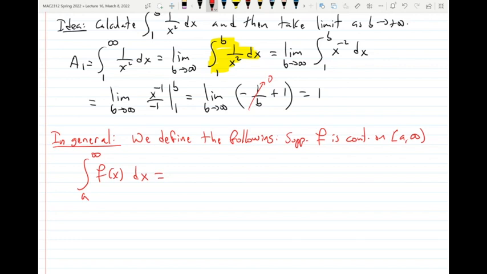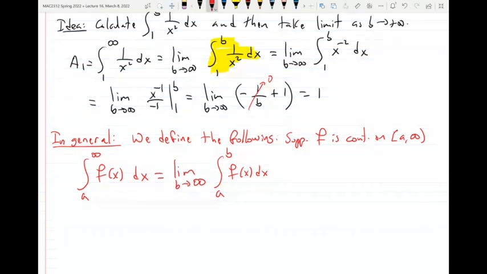Then for the integral from a to infinity of f of x dx, we replace that infinity by a letter. I'm going to put a b here. And then we take the limit as b approaches positive infinity, okay? Whenever you see this integral, that's what it means. Remember, this a is a number that you have, and you just replace the infinity by another letter. I'm putting b, but you can put r or whatever letter you want. The point is that you need to take the limit as that letter approaches infinity, okay? We're just approximating our area little by little.